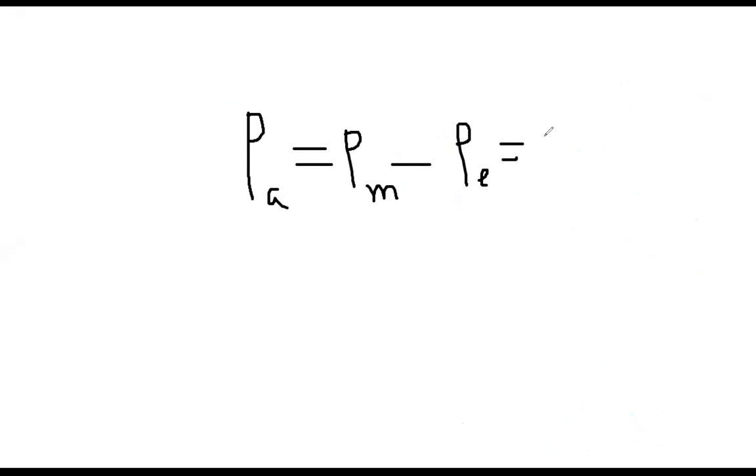Okay, so probably you remember that in last class, I was explaining this equation, P_a equal to P_m minus P_e. Can you remember that I was explaining? This is called the swing equation.